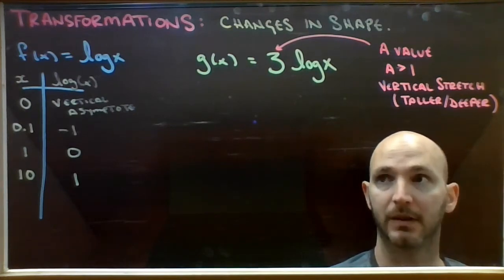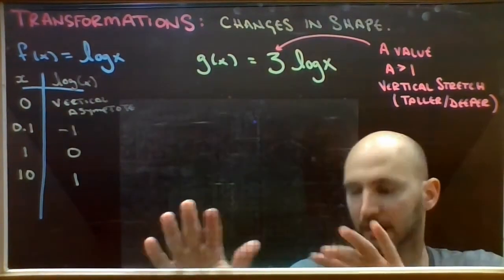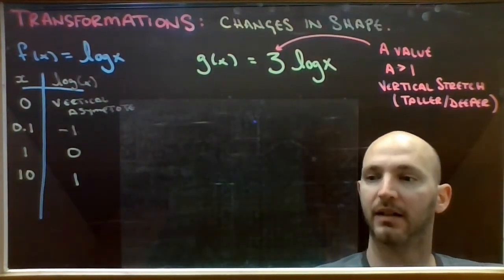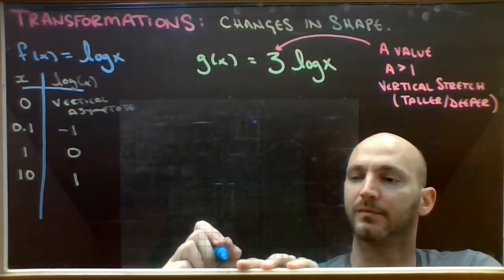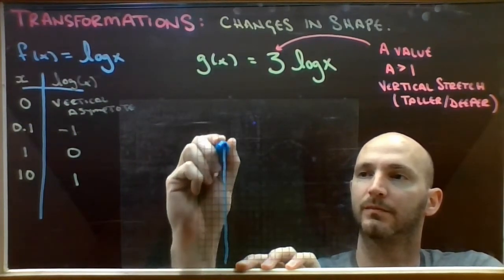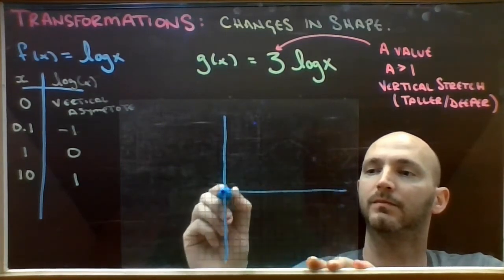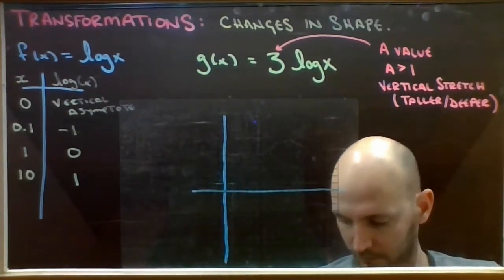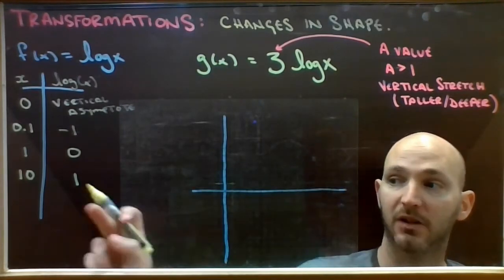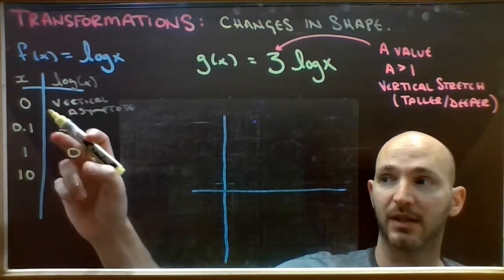All right. So if I were to fetch myself a grid and get my axis on there, the basic log function, which I have over here, has a vertical asymptote at 0.